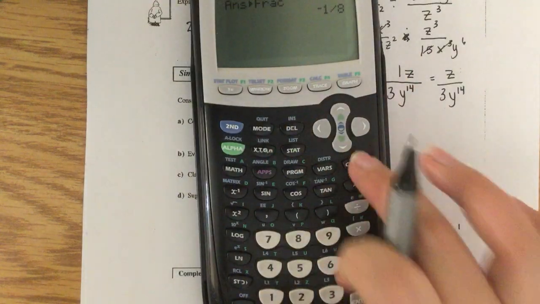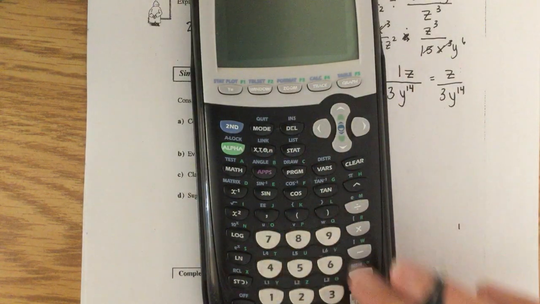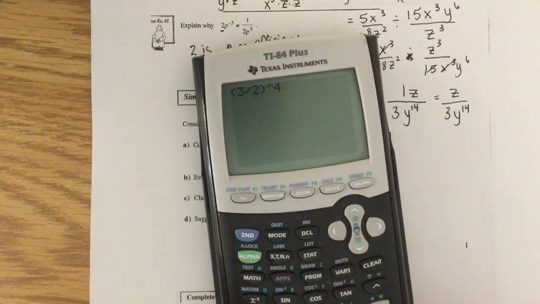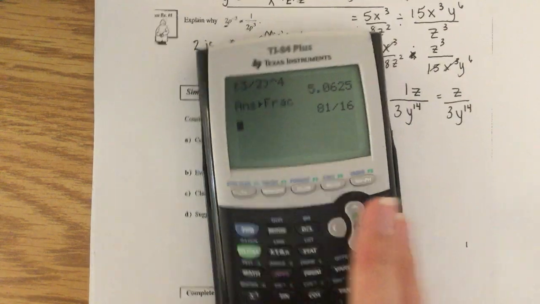Evaluate 3/2 to the 4th. 3 over 2 to the 4. Bring that down so you can see that. 3 divided by 2, the fraction, exponent 4. I'm going to fraction that. 81 over 16.